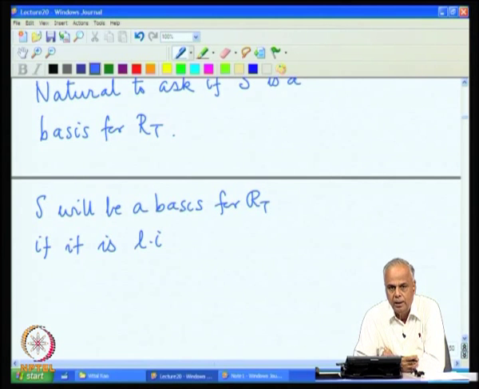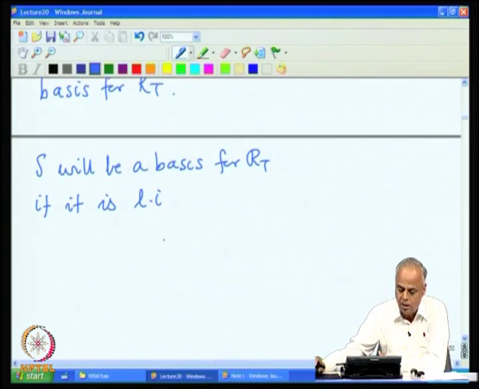When will it be linearly independent? A set will be linearly independent if the only linear combination that produces the 0 vector is the linear combination in which all the coefficients are 0.